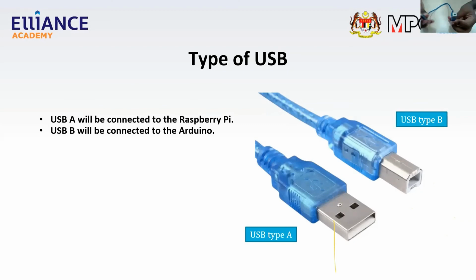So different boards have different USB connections. This USB type A here will be connected to a PC. In our case here, it will be the Raspberry Pi. So this connection here will be going to the Raspberry Pi. This will be connected to the Arduino. This cable can act as a power supply to the Arduino.